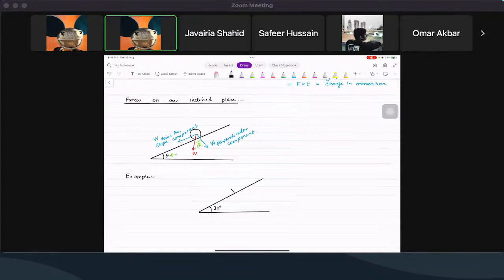There is an object of weight 20 Newton rests on an inclined plane.